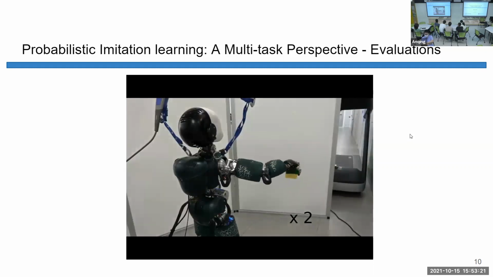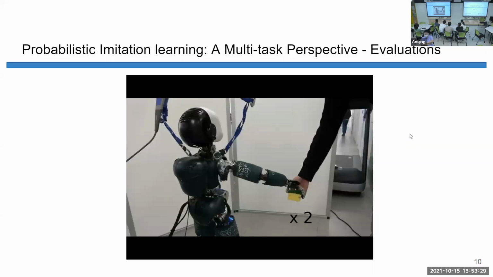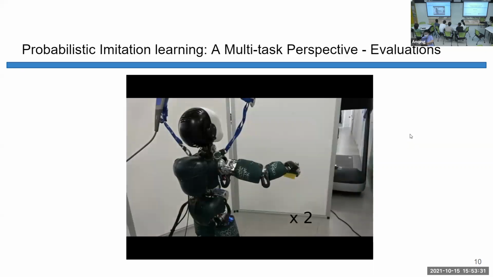If we consider the imitation of Cartesian trajectories only, then the robot will fail to imitate joint space trajectories. So by exploiting its redundancy, the robot is able to imitate both Cartesian and joint space trajectories.